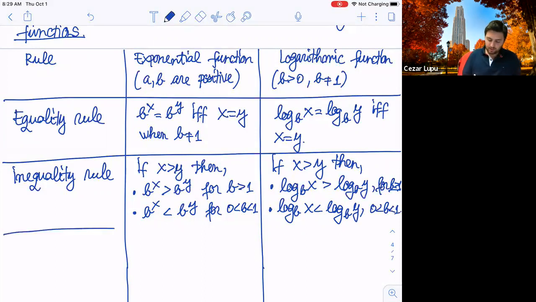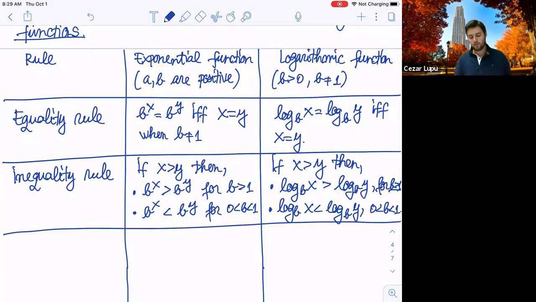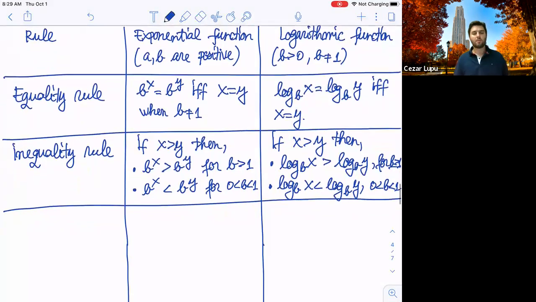These are the inequality rules for the exponential and the logarithm. Well, it's quite clear that if the base is greater than 1, then the logarithm function is increasing, and if the base is between 0 and 1, then the logarithm function is decreasing.